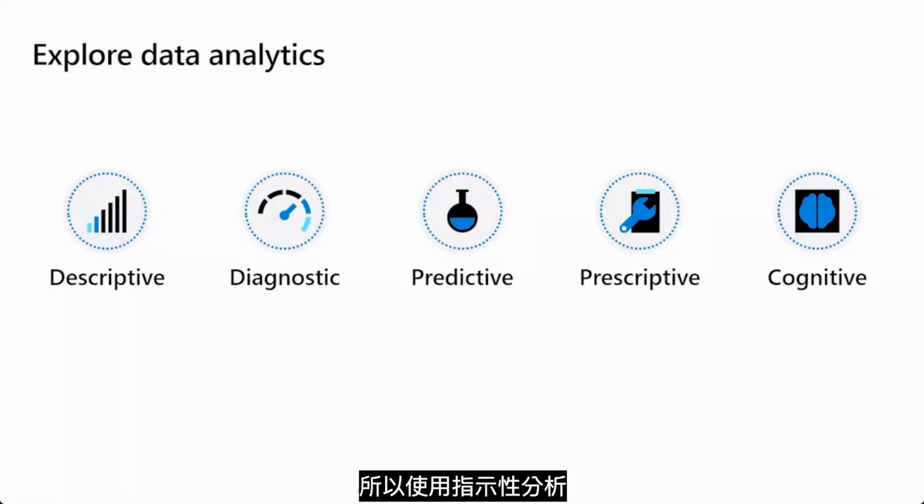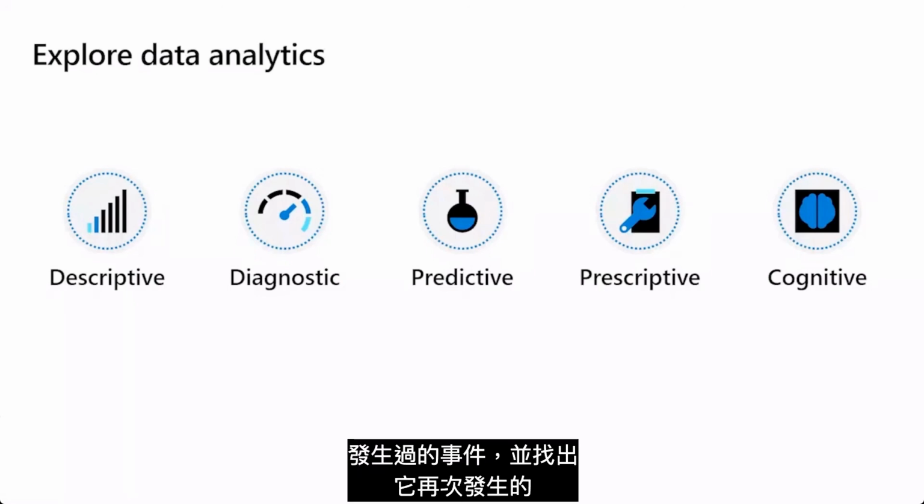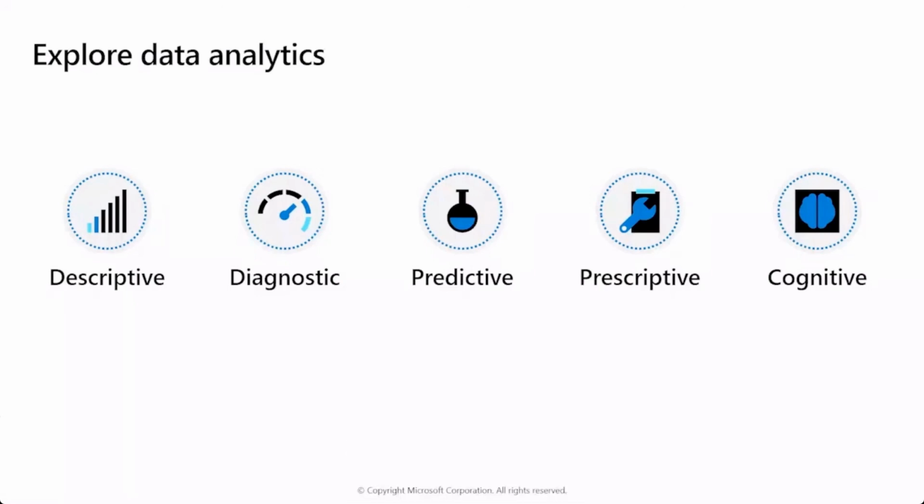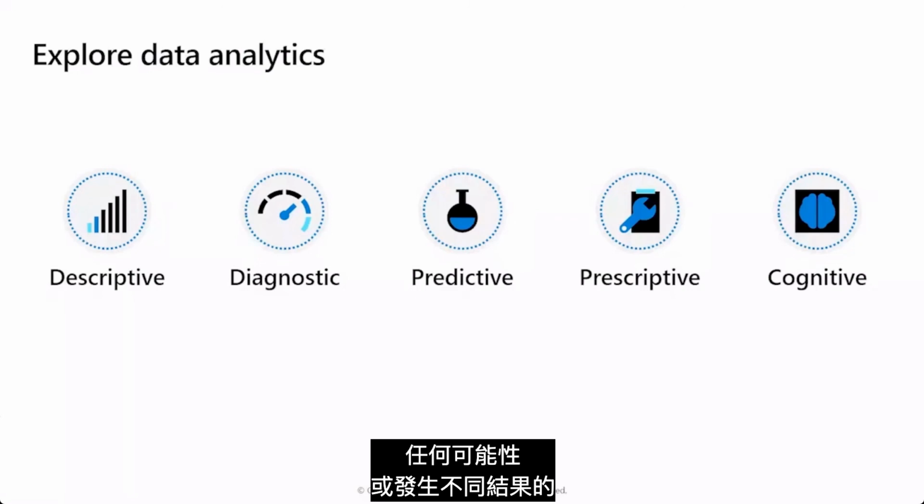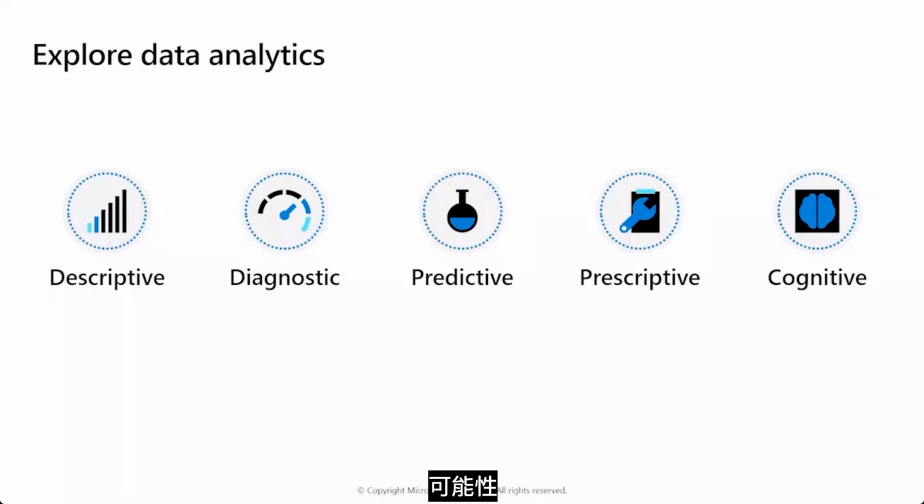With prescriptive analytics, we can rely on machine learning strategies to find patterns in a large data set. We can also analyze past decisions and events that have happened and figure out the likelihood of it happening again or the likelihood of different outcomes that could happen.